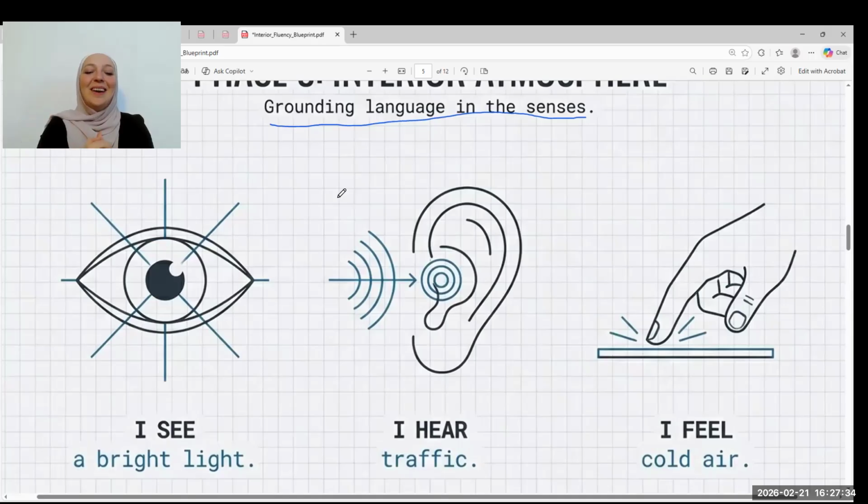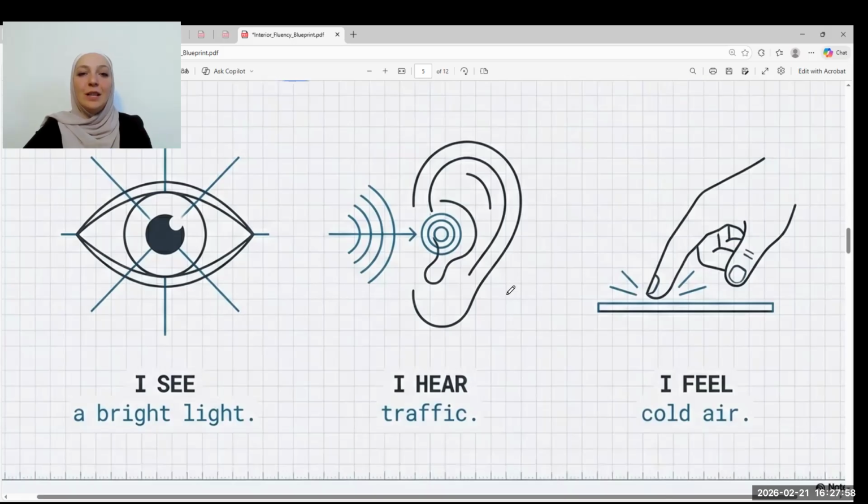Amazing. Okay. If while I'm talking to you I hear a phone ringing, I will say I hear a phone ringing, because there's motion, it's still ringing, it hasn't stopped. So what would I say? I hear a phone ringing. Very nice. I feel cold air.